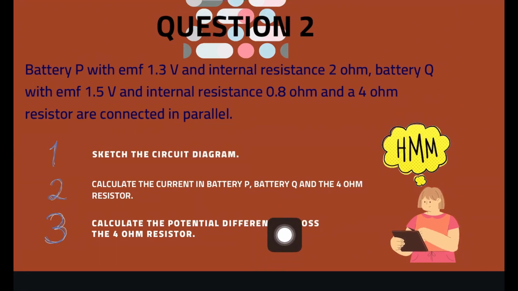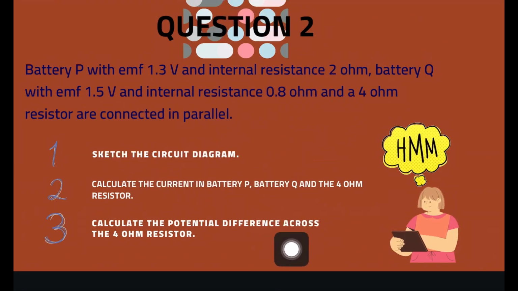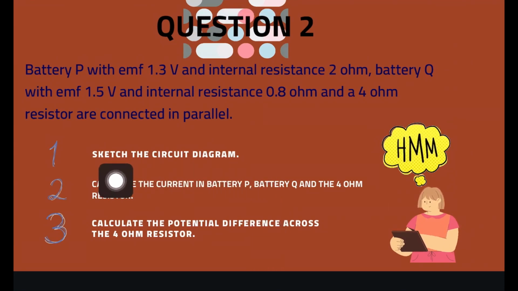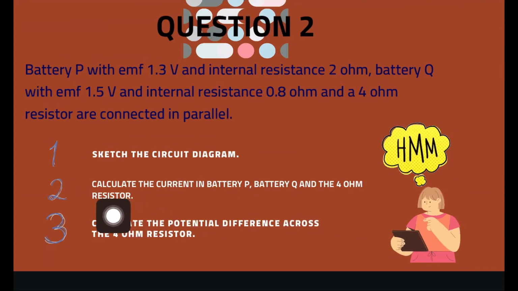Can you imagine how this circuit looks like? The question asks us to sketch the circuit diagram and then calculate the current in battery P, battery Q and the 4 ohm resistor. After that, we need to calculate the potential difference across the 4 ohm resistor.